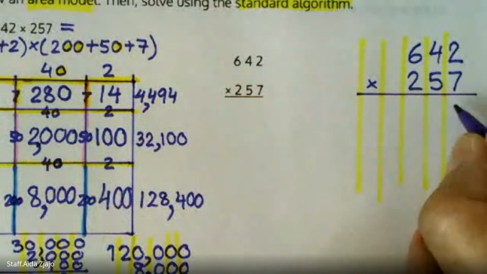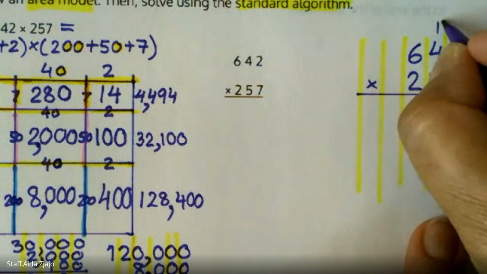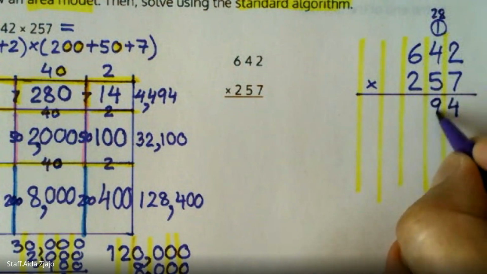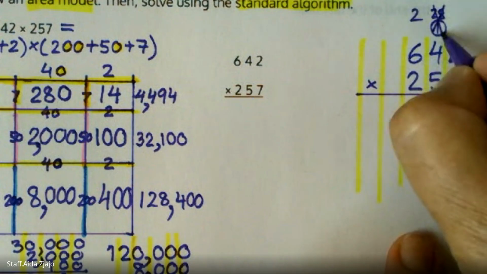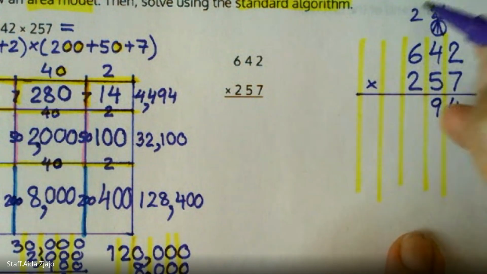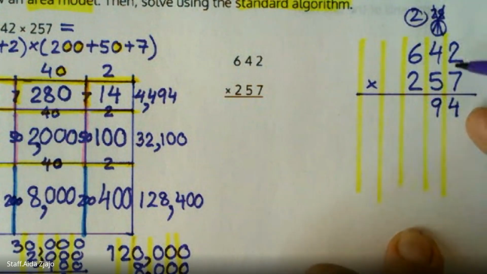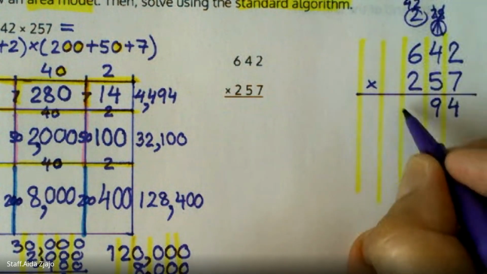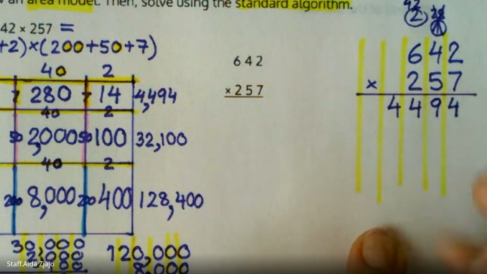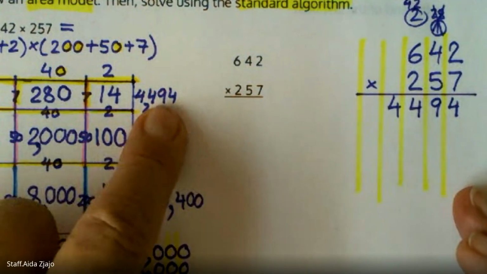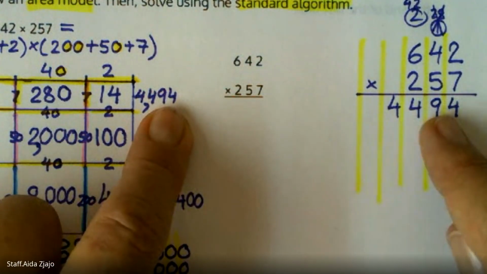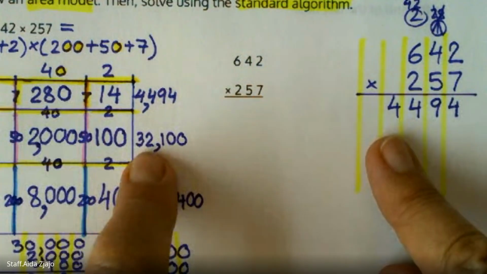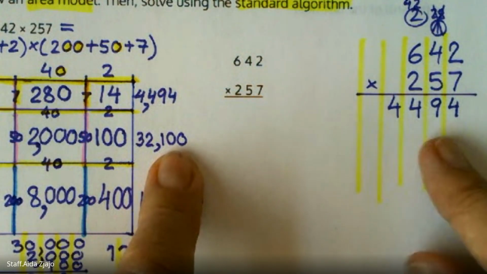So 2 times 7 is 14, 4, I remember 1, 4 times 7 is 28, plus 1 is 29. Remember 2. I'm done with this. 6 times 7 is 42, plus 2 is 44. And that is exactly what I got, 4,494. The next one needs to be 32,100. Let's see if that's going to be.